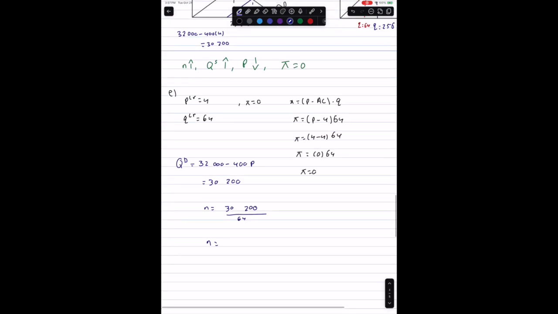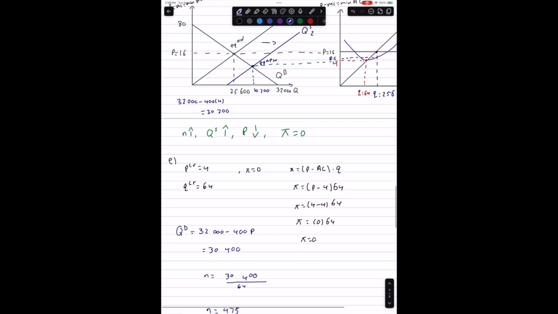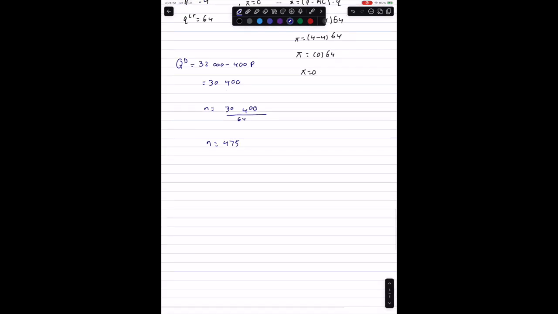Sorry, I made another mistake. This is actually equal to 400. I also made this mistake here. And we know that N is going to be equal to 475, right? Because N is equal to big Q over little q. And that's how we solve this question.